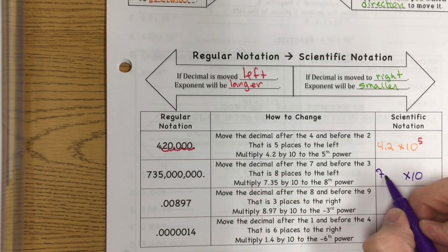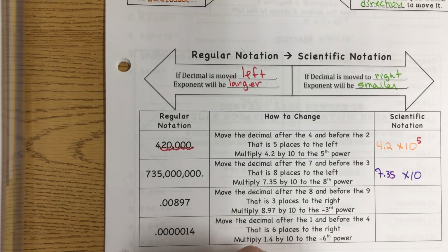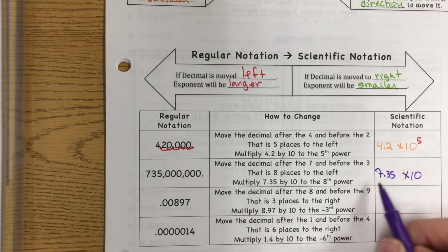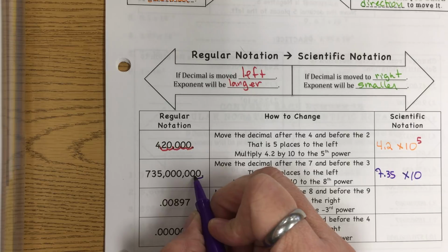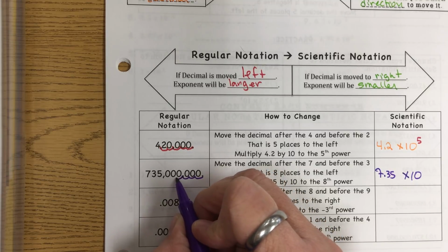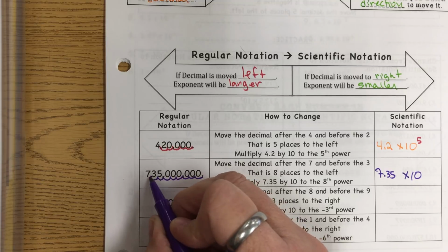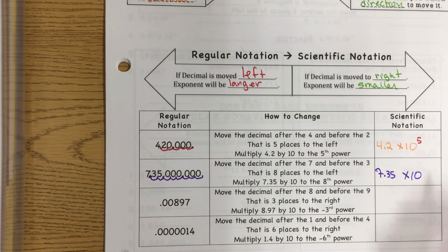So we're going to get 7.35 because the number on the left-hand side of the decimal needs to be between 1 and 10. So I move it over 1, 2, 3, 4, 5, 6, 7, 8. I moved it over 8 times. My exponent is a positive 8 because that number is larger than 1. It is a big number.